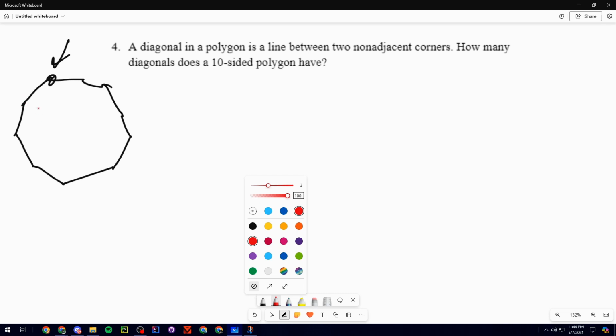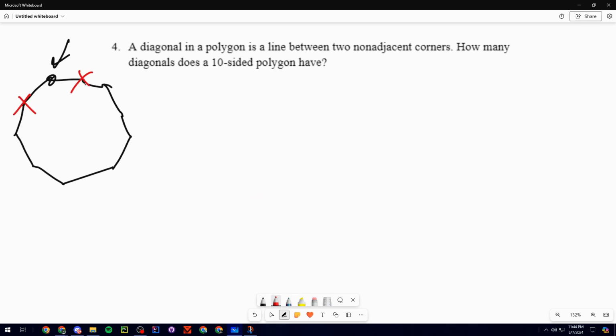So to make a diagonal, I can't choose this one, and I can't choose this one because those two are adjacent. Can I choose the same point? No, I can't. So therefore, I cannot choose 3 of the points. So I have 10 choices for that first point, right? I have 10 different vertices to choose from. Now after choosing one vertex, I just eliminate 3 of my choices. I can't choose the ones that are adjacent, nor can I choose the one that it is.